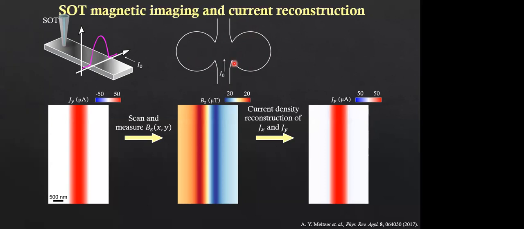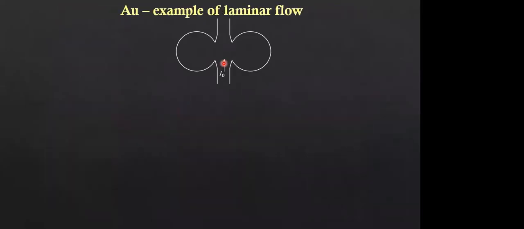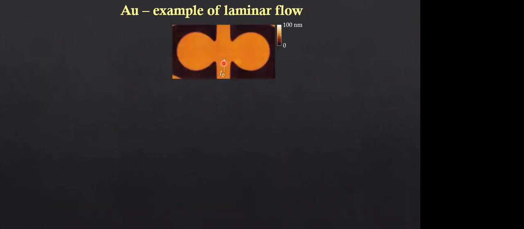Now we'll be flowing a current I0, and we start by measuring the effect of this current I0 in a regular metal device. It's made of gold, and this is the optical image of the gold device.